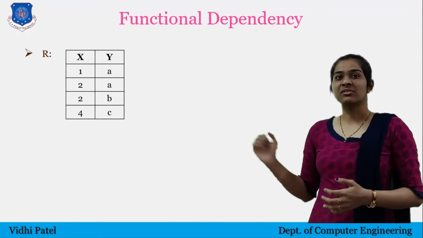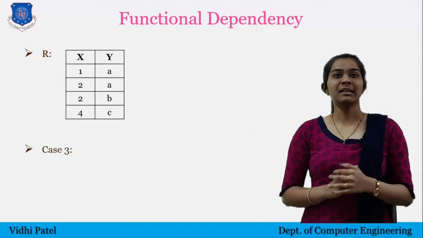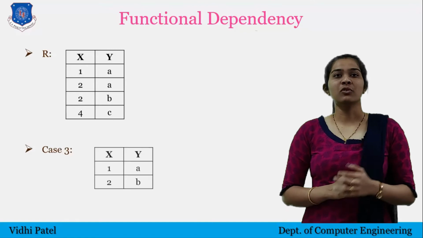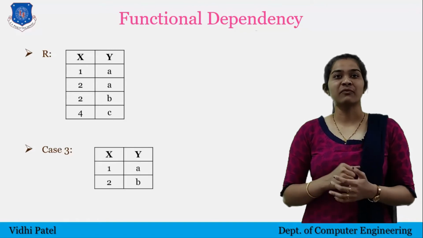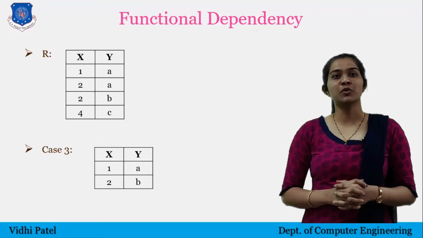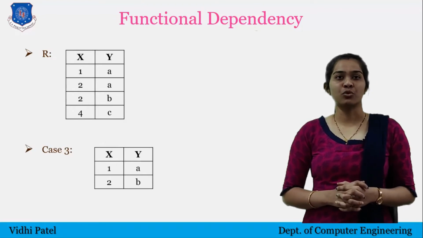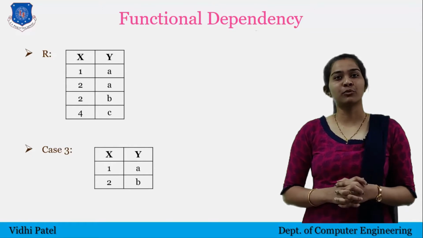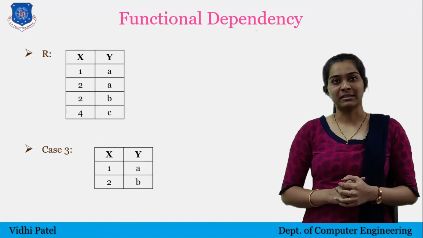Now let's check case 3. In case 3, y has values a and b. Now check whether it is the same or not. Here we have different values for the x attribute, which are 1 and 2. So here y is different for both values of attribute x. It is also a valid case.